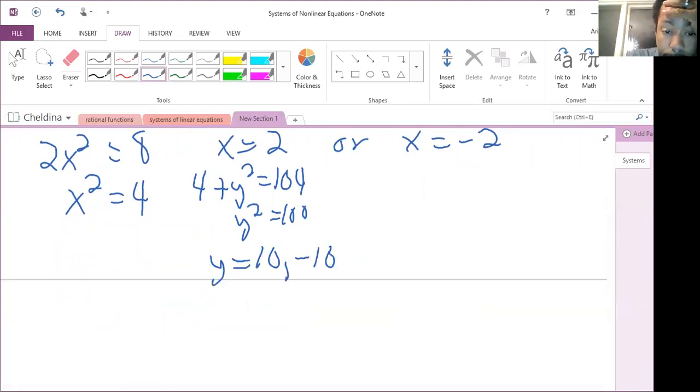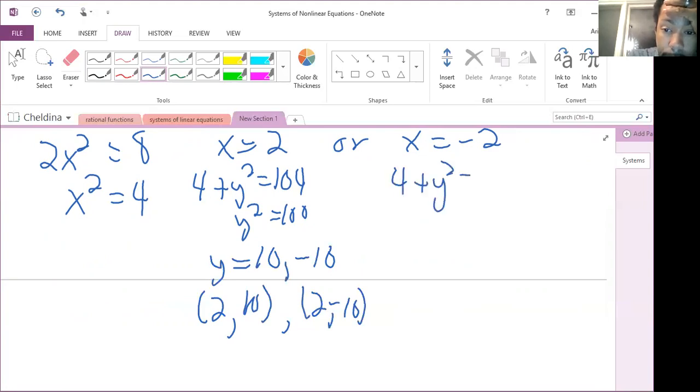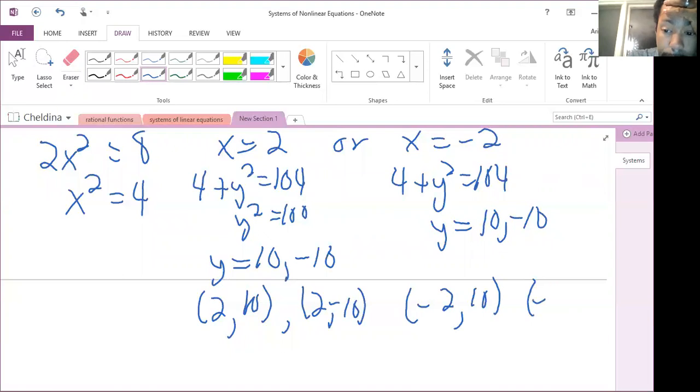So 2 points we need to pick are 2 comma 10 and 2 comma negative 10. And when you plug in negative 2, nothing changes. It's still 4 plus y squared equals 104. So y again is 10 or negative 10. So 2 other points we need to check are minus 2 comma 10 and minus 2 comma negative 10. We'll put all 4 of those in separated by a comma.